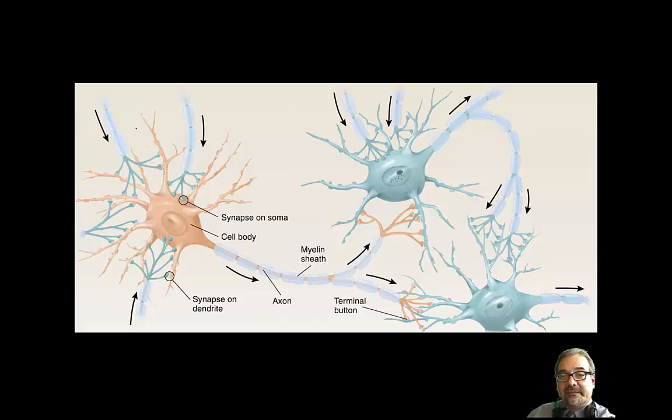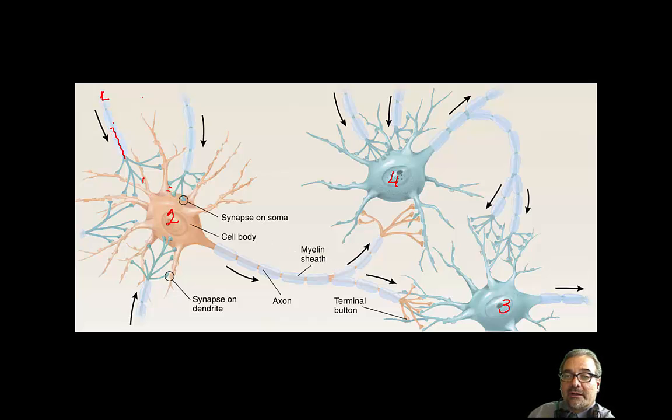As you can see, this is the axon of a neuron synapsing on, so this would be maybe neuron number 1, and this is neuron number 2. Let's call this neuron number 4, and this neuron number 3.